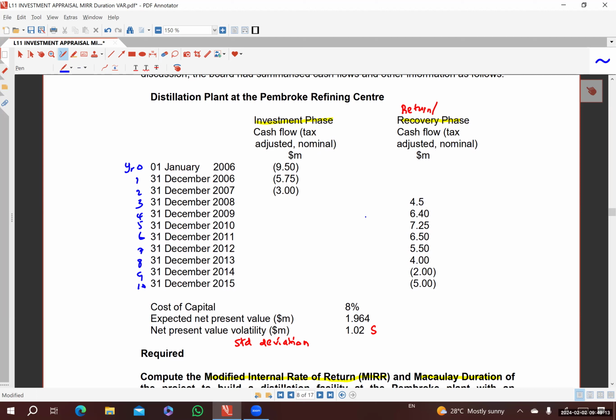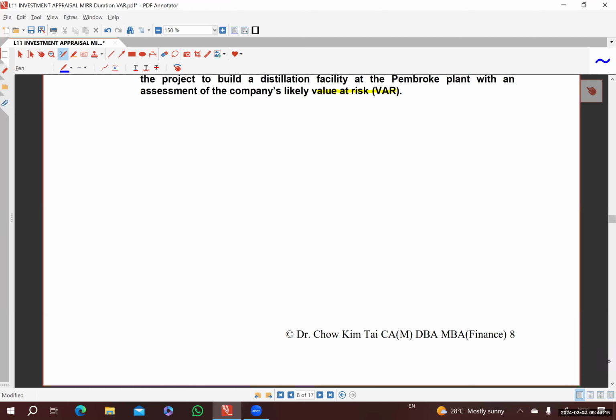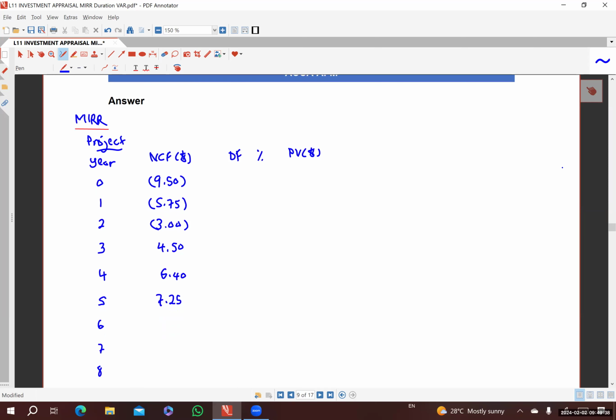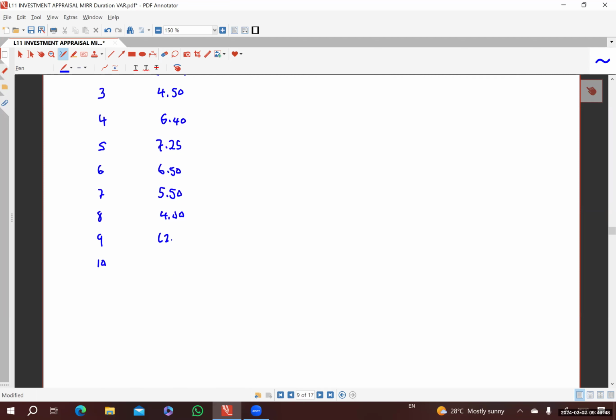Put down all this cash flow: 9.5 million negative, 5.753, and then 4.5, and then 6.4, 7.25, 6.5, 5.5, 4, then -2 and -5.